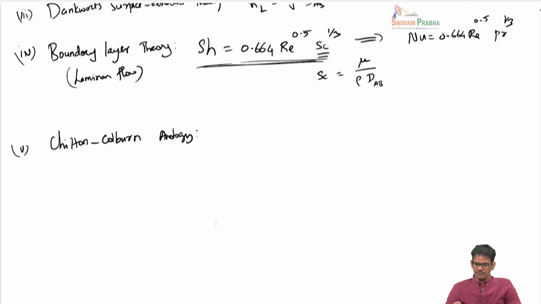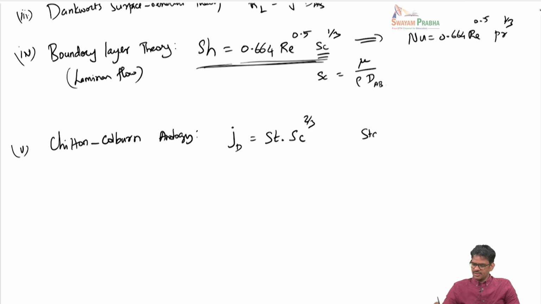So here we write this jD factor, which is written as some Stanton number times Schmidt number to the power 2/3. Here the Stanton number for mass transfer is defined as Sherwood number divided by Reynolds number times Schmidt number.